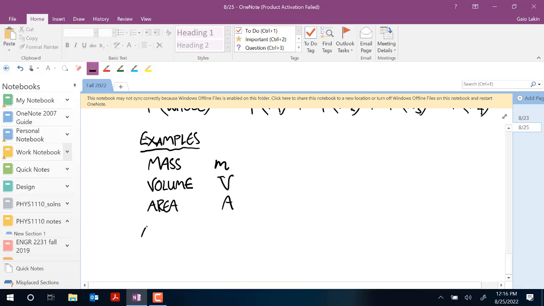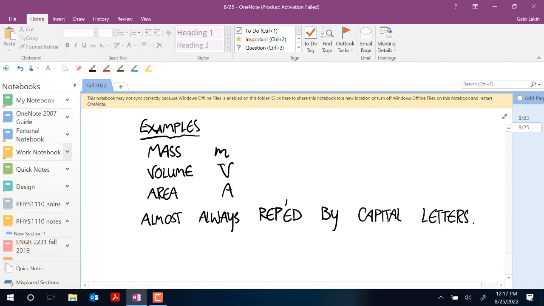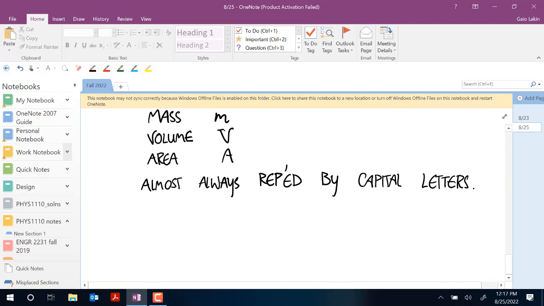So these are almost always represented by capital variables. Capital letters. What we're going to use more often is intensive properties.